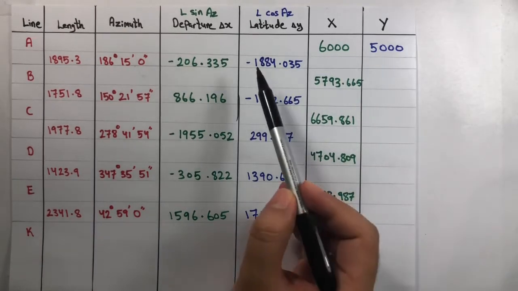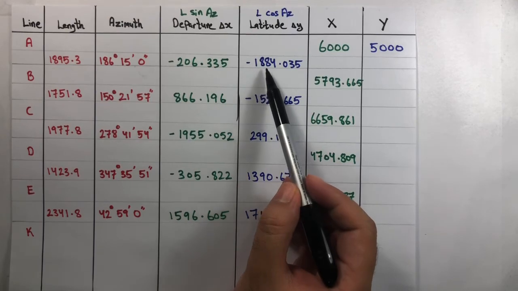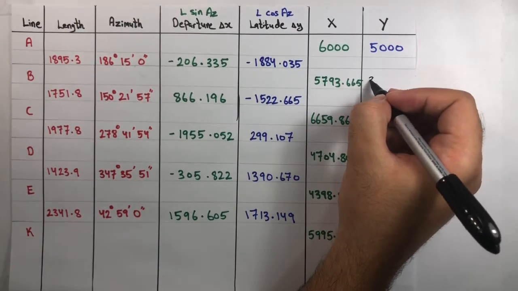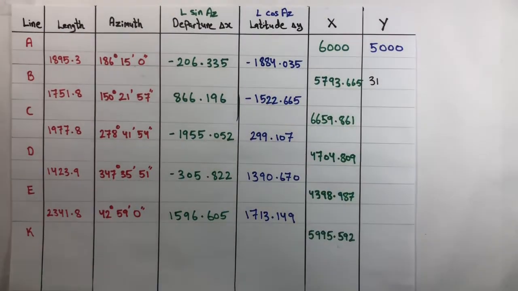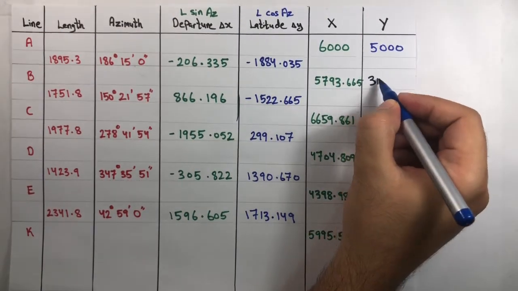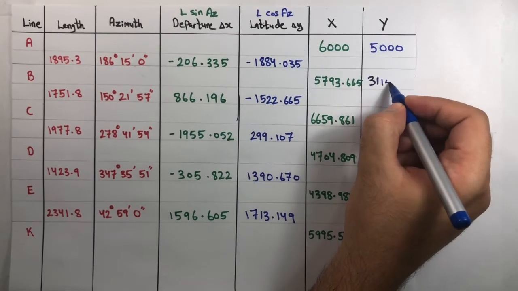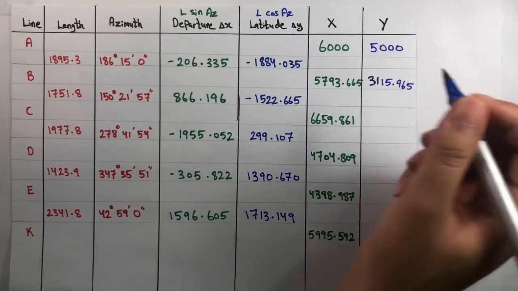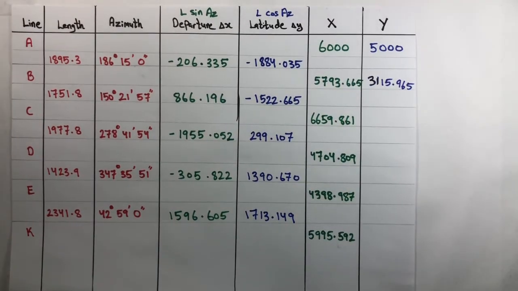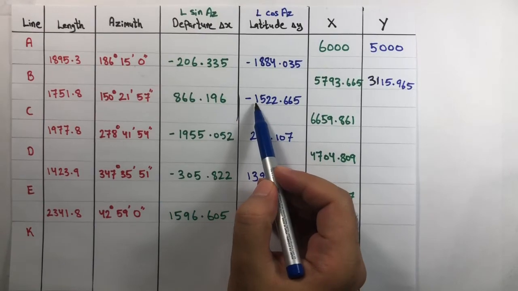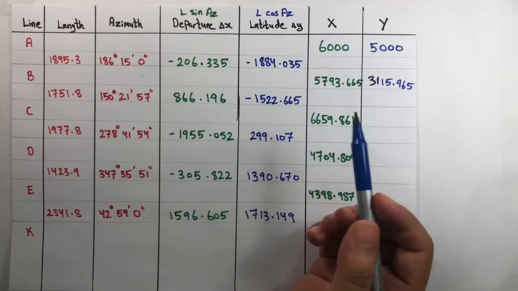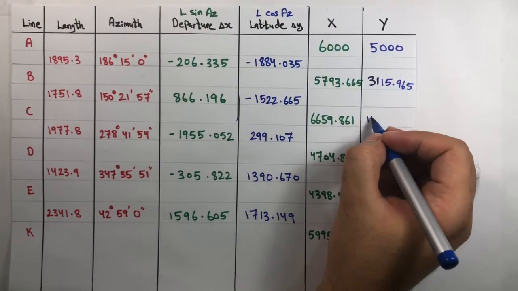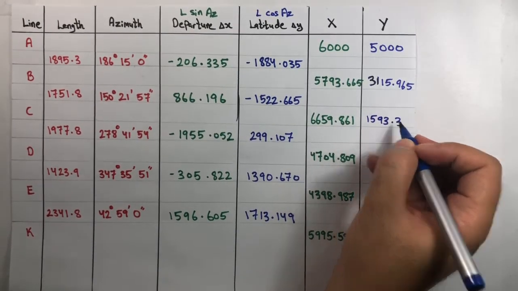So 5000 minus 1884.035, we'll get here, oh sorry, this is the black color, 3115.965, minus 1522.665 to get the y coordinate of point C. We'll get 1593.3.